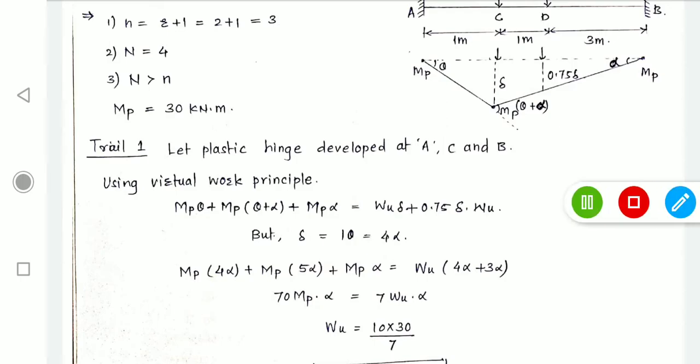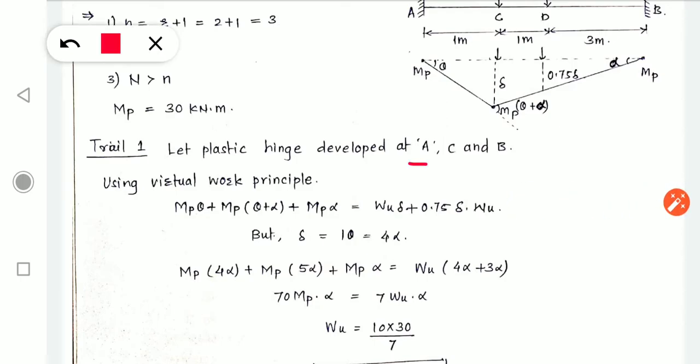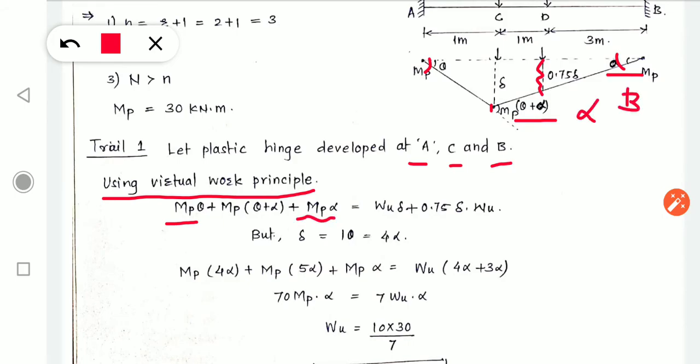In the first trial, I have taken hinges at A, C and B. I have neglected the hinge at D. Then by using the virtual work principle, I wrote the equation like MP into theta, correct? Then MP into theta plus alpha, as it is not symmetrical, the angle at the B support is taken as alpha. Then MP into alpha.